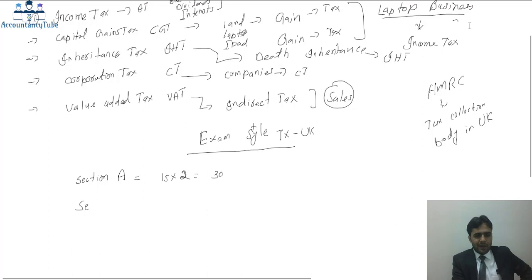Section B will be a little different. It will also have MCQ questions, but there will be 3 scenarios, and every scenario will be 10 marks. In each scenario there will be a big scenario, and after it there will be 5 MCQ questions consisting of 2 marks each. So it is 10, it is also 10, and this one 10 too.